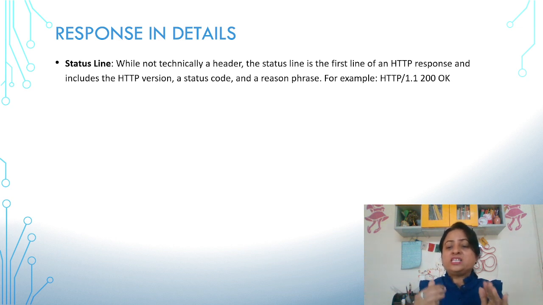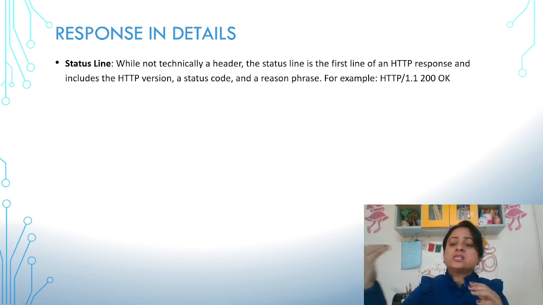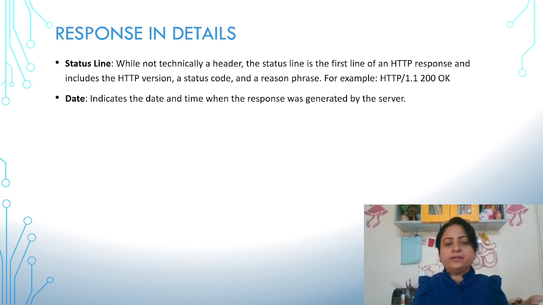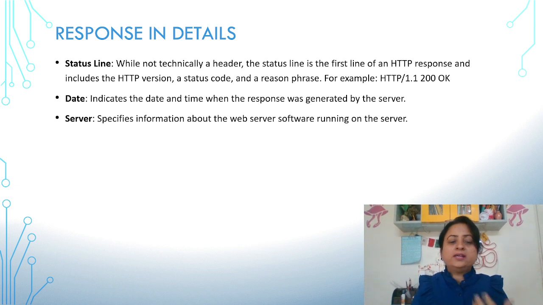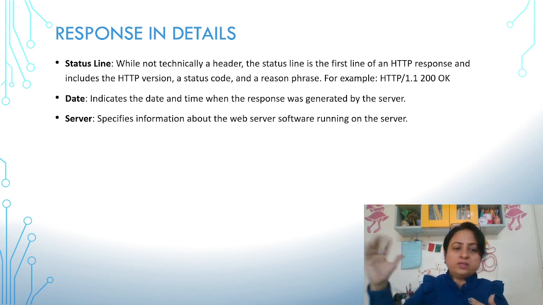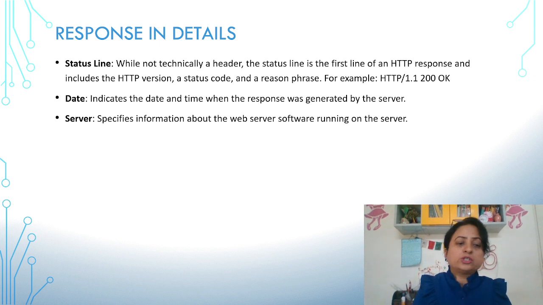Okay, if you get 200, that means your request is successful and you got a successful response from the remote server. Then date indicates the date and time when you got the response. Then server specifies information about the web server software running on the server from where you get the response.